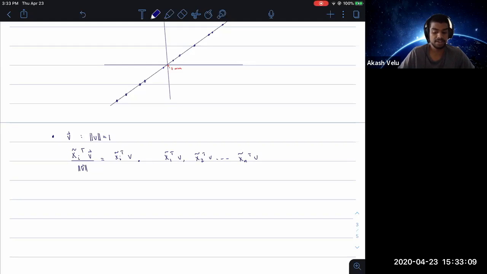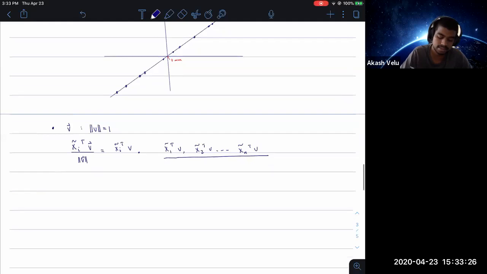And now we need to find the variance of these numbers. But remember that in the variance formula, we need to find the mean first. Now, the really nice thing is that because the x tildes all have 0 mean, the projections are also going to have 0 mean. To see this, let's actually compute the mean. The mean is 1 over n times the summation of xi tilde transpose v. By inner product properties, we can pull out this v because it's common, kind of like a distributive property, and then look at the sum.